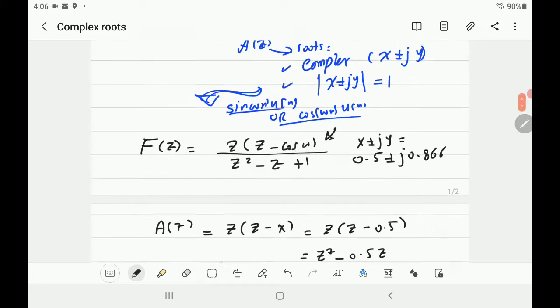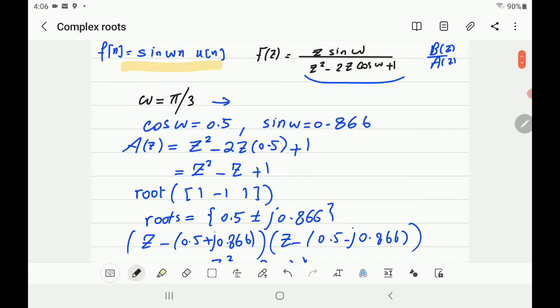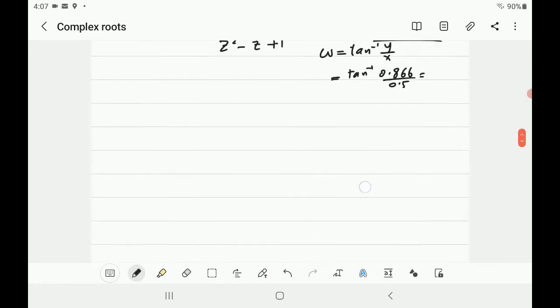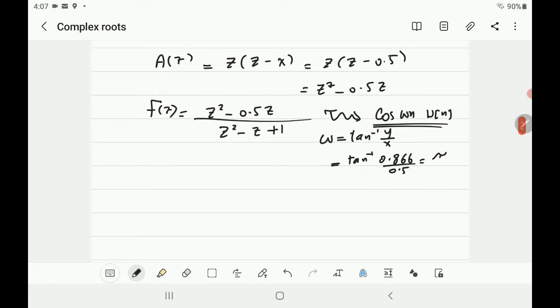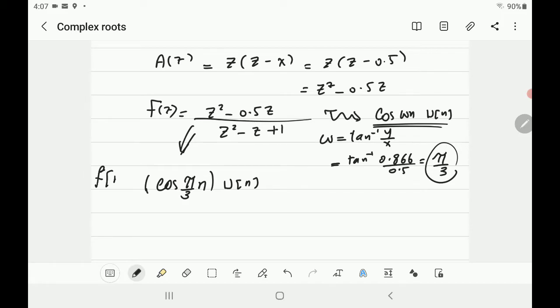Of course, you're going to get the same value you assumed, pi over 3. You can find it in decimals, but I know that's equal to pi over 3. So how do you write the inverse of this one? Cosine of omega n, with omega equal to pi over 3, times u[n]. That will be your function.